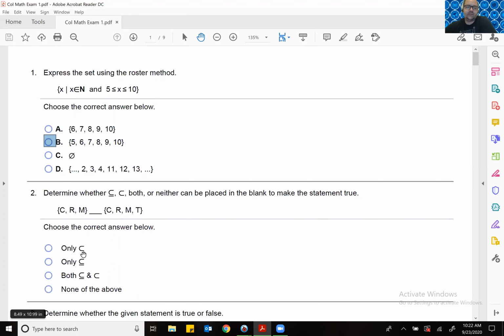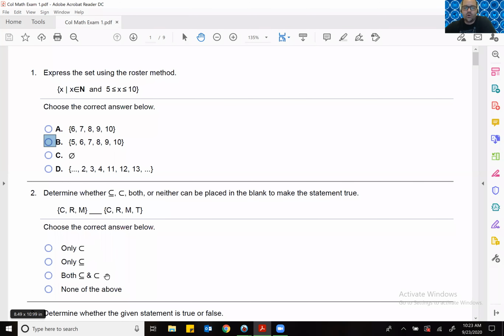The subset or the proper subset? The proper subset. So only proper subsets, you can throw that answer out because it's junk. You cannot be a proper subset only, because one of the rules of being a proper subset is that you are a subset to begin with. If you're not a subset, you can't be proper.